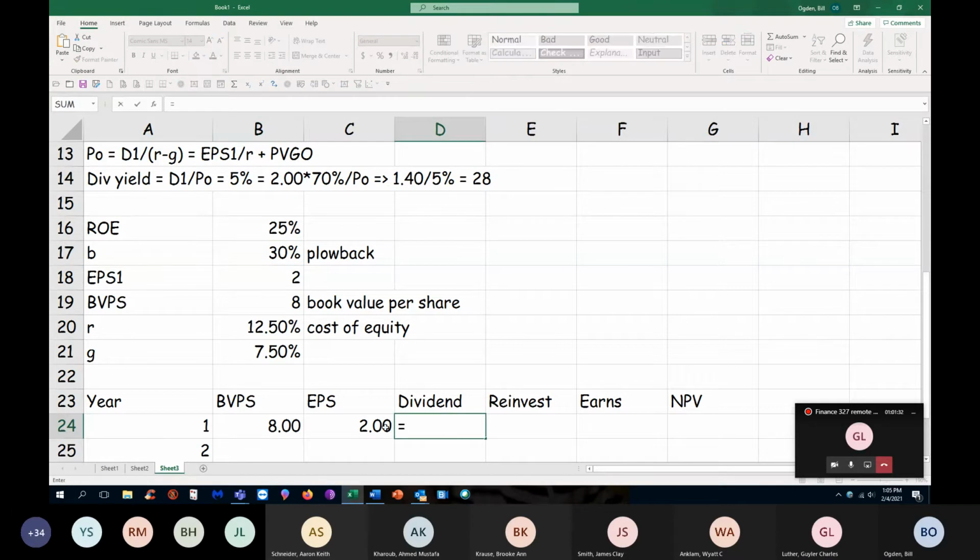Equals, so I'm going to take the earnings times 1 minus the plowback, and of course I will lock the plowback because it does not change for the remainder of the table. So that's $1.40.